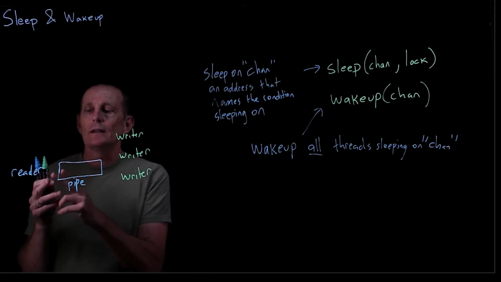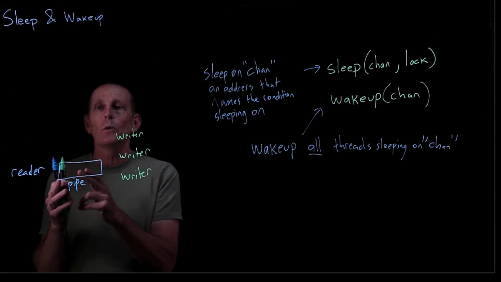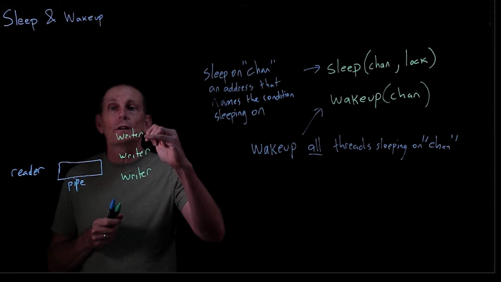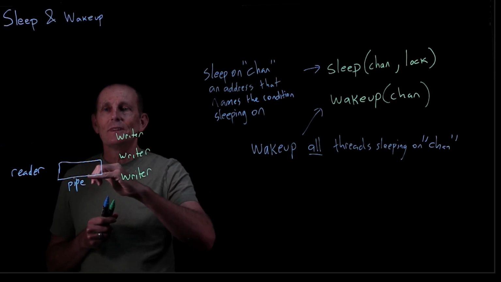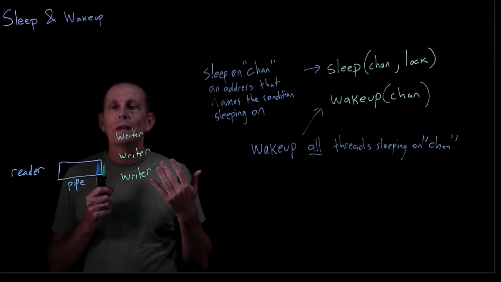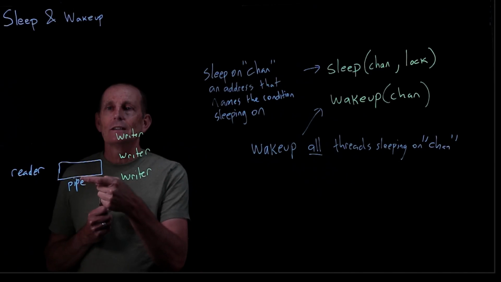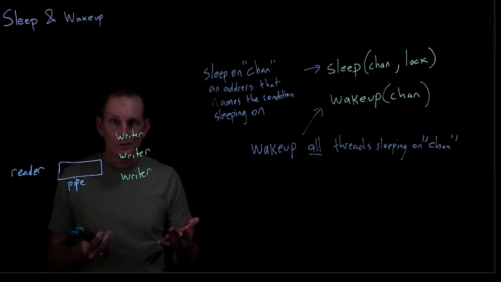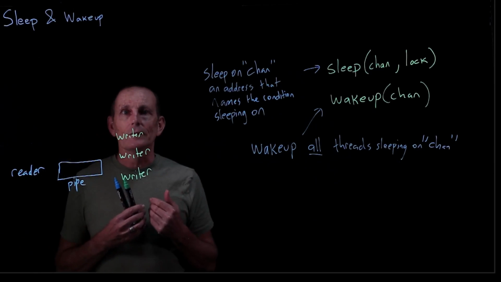When the reader then goes ahead and reads some bytes from here, it would do a wake up on the same channel and wake up all these writers. Well, the first writer to be woken up might fill the pipe again. And then when these successive writers came awake and looked, they would find that that pipe is still full. So as far as they're concerned, it was full when they went to sleep. They woke up, it's still full.